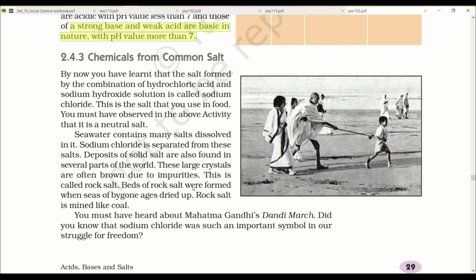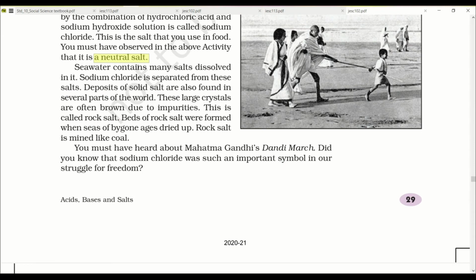Chemicals from common salt. By now, you have learned that the salt formed by the combination of hydrochloric acid and sodium hydroxide solution is called sodium chloride. This is the salt that you use in food. You must have observed in the above activity that it is a neutral salt. Seawater contains many salts dissolved in it.